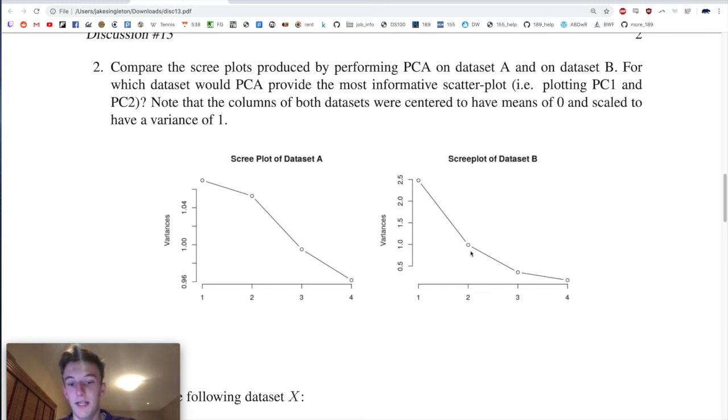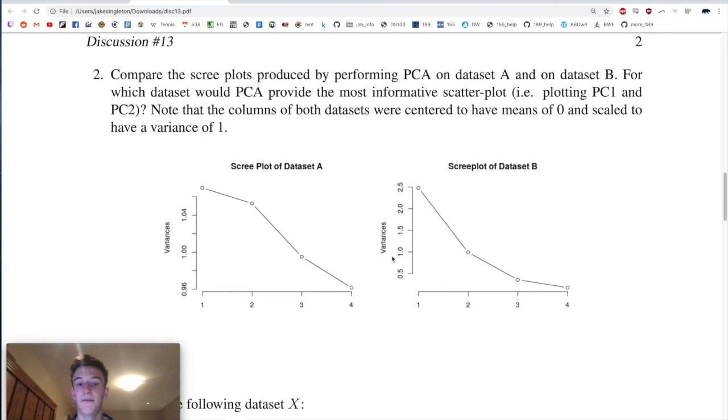We go from 2.5 all the way down to 1, and then we see a not such a stark decrease, but because of these axes here, a much more substantial decrease for data set B than for data set A. And so for data set B, we can explain much more variance with just the first 2 principal components than we can for data set A. And that's why, after performing PCA and making a scatter plot, the scatter plot for data set B would be much more informative.